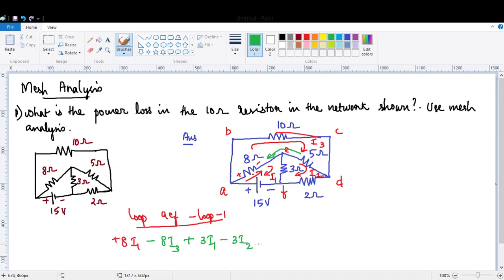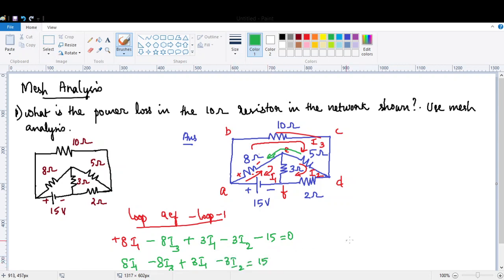Now, in the case of the voltage source, the current is entering here at minus. Voltage source notations will be given in the question, and according to that, write the equation. So here it is entering from minus, so minus 15 is equal to 0. Or this is 8 I1 minus 8 I3 plus 3 I1 minus 3 I2 is equal to 15.